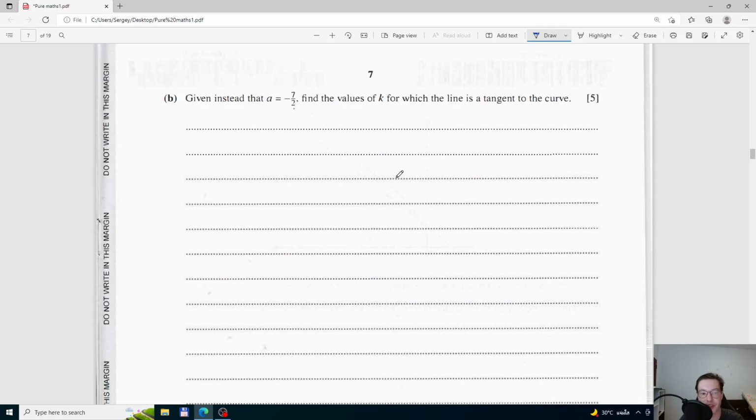Okay, now we're given instead that a equals minus 7 over 2. Find the values of k for which the line is tangent to the curve. Okay, so tangent to the curve means only one point of intersection.